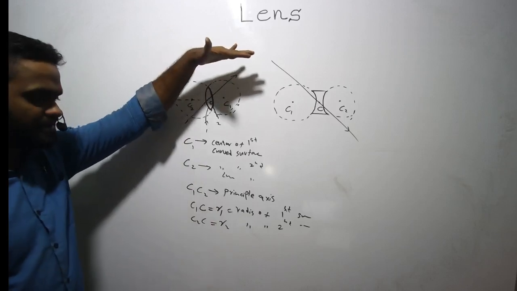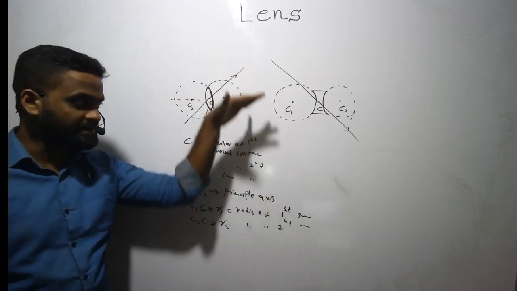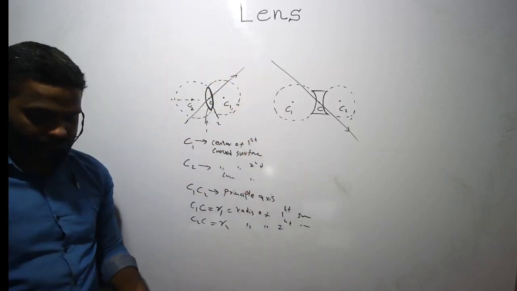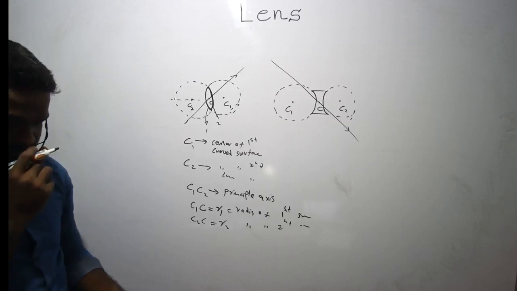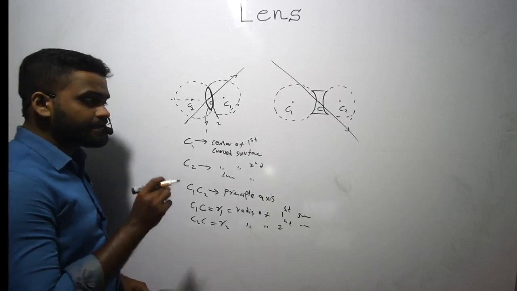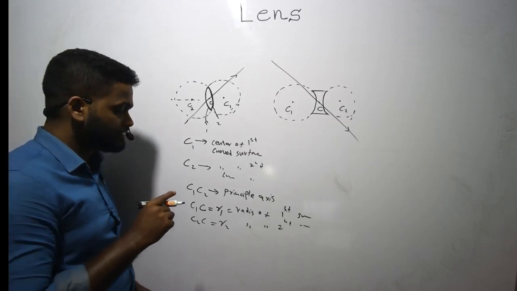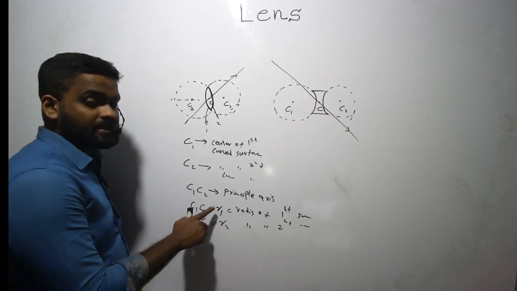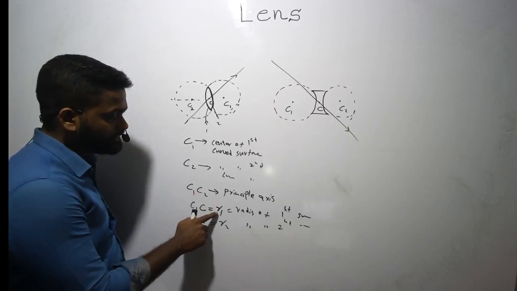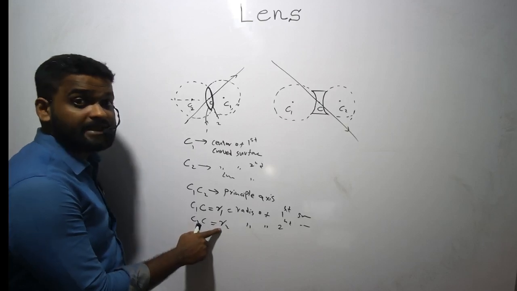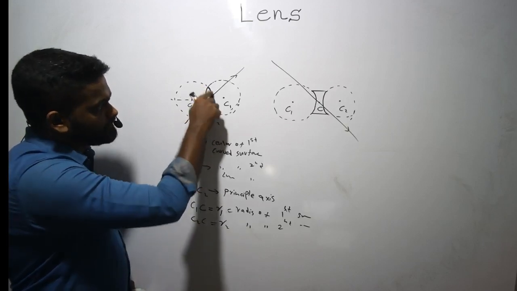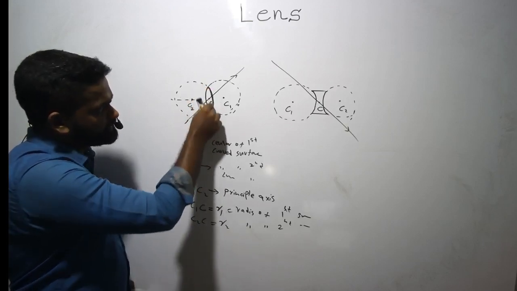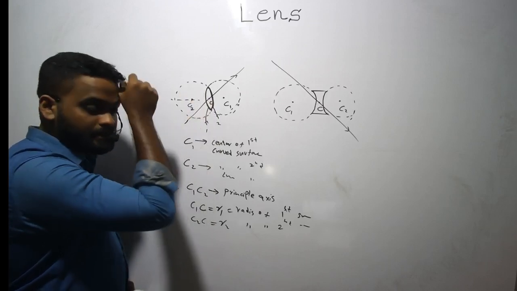Then there will be, it is a flow. You have to understand that flow. The thing is, there are different types of lenses. For the lenses we are studying, this R1 and R2 are equal because you have equal radii, right?